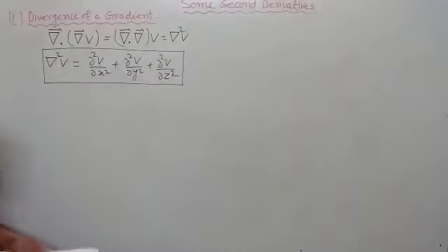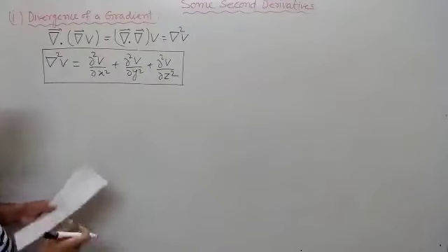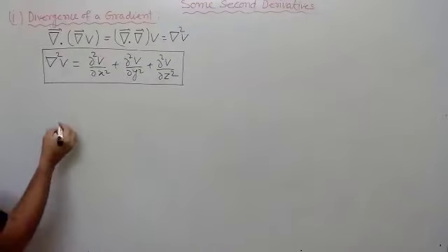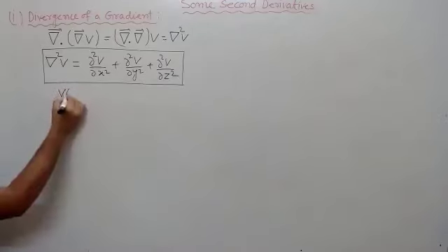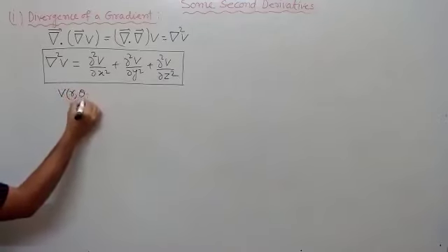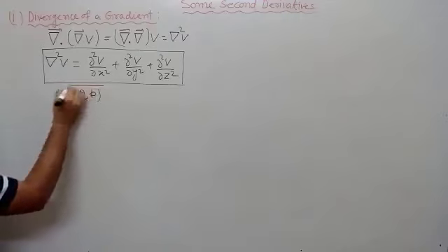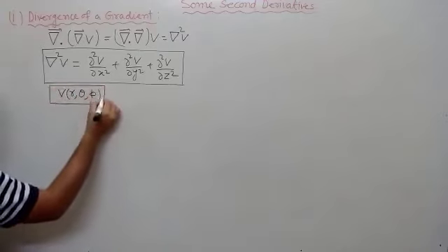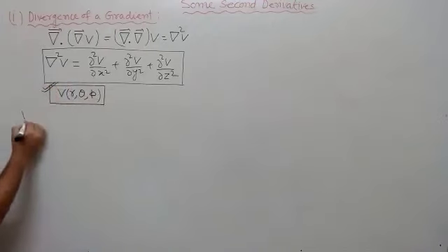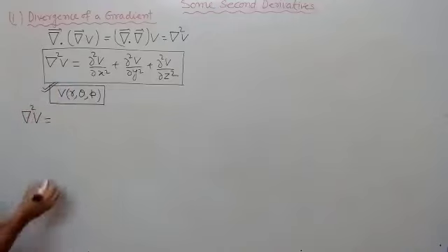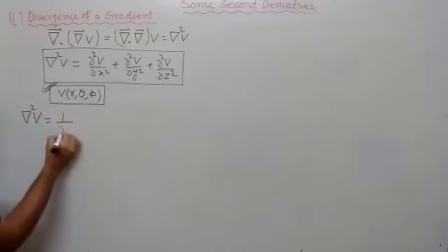We also have to find del square V in spherical polar and in cylindrical coordinates. So if V is given as a function of r, theta, phi, what will be del square V? Again you have to remember this.